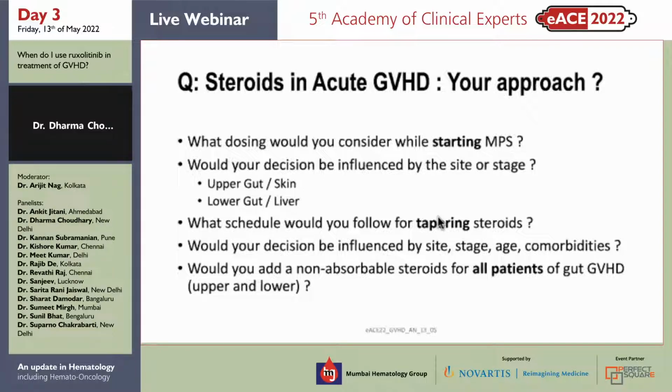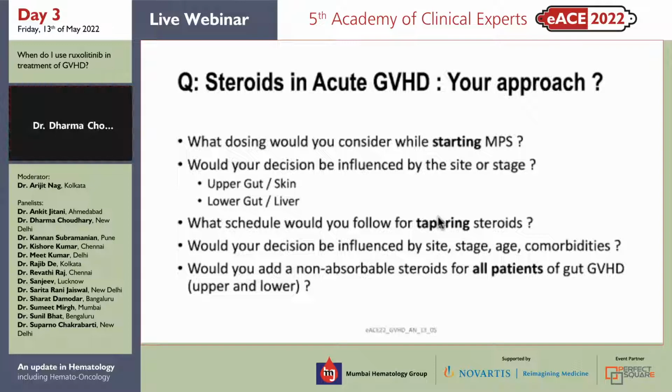So, the standard dose for GVHD: wherever applicable, for the patient who needs this treatment, not like a grade 1 skin GVHD alone, we start methylprednisolone 1 milligram per kilogram twice a day and then assess the response.